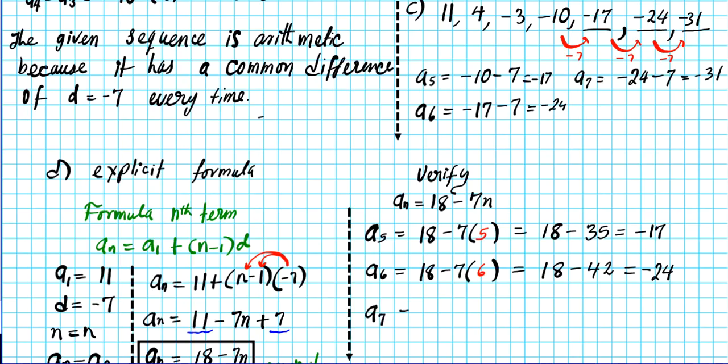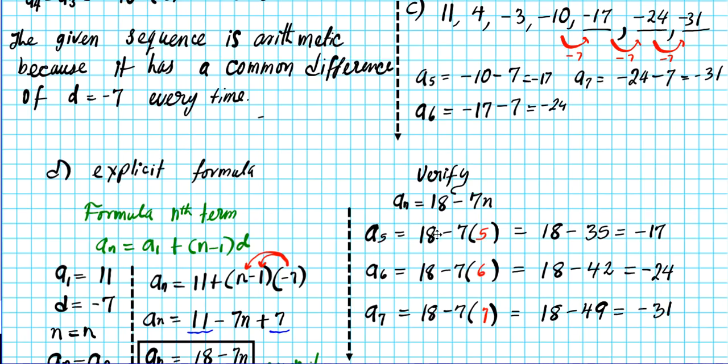A7 is 18 minus 7 times n, which now has a value of 7 for the 7th term. So we have 18 minus 49. When you carry out the computation of the difference of these two numbers, you end up with negative 31.